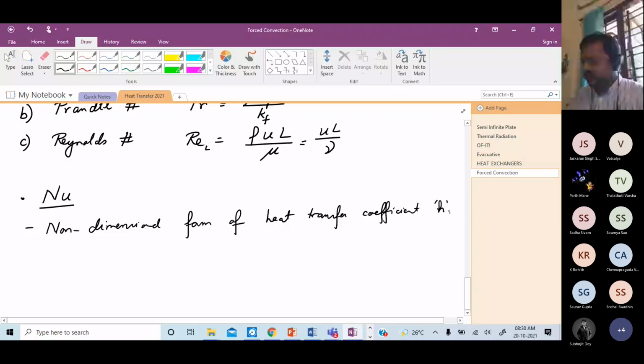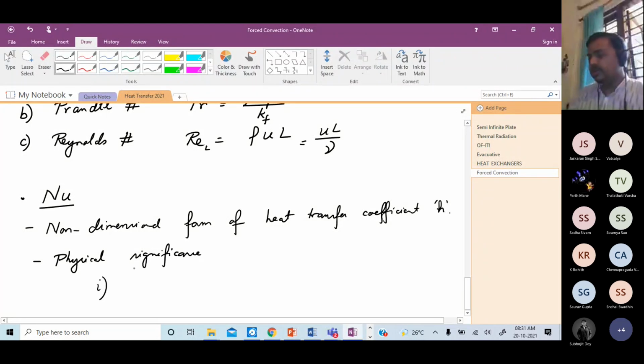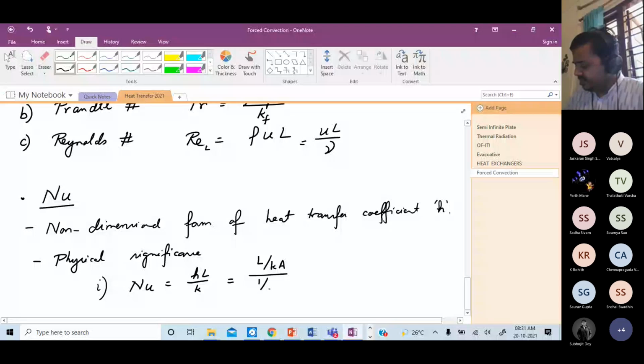Clear? Now, what is its physical significance? If you talk about physical significance, I'll cast it in two ways. One, I'll say Nu is HL by K, and therefore I can write it as L over KA divided by 1 over HA.